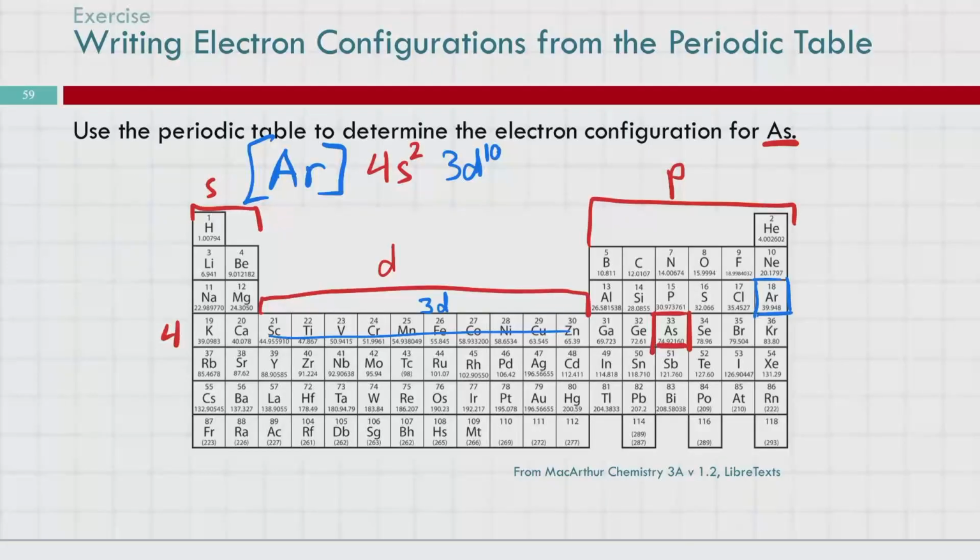We're in the third column. So the third column of P block. And so we are row number 4, our block is P, and we are the third entry, so 4P3. That's how we would put together an electron configuration for arsenic. Questions?